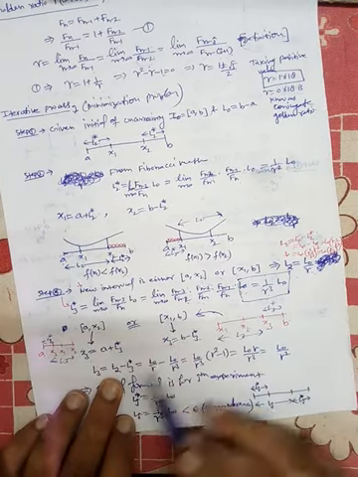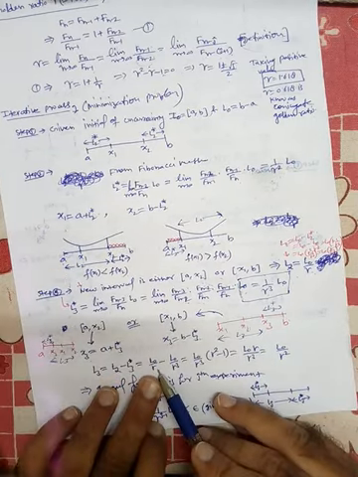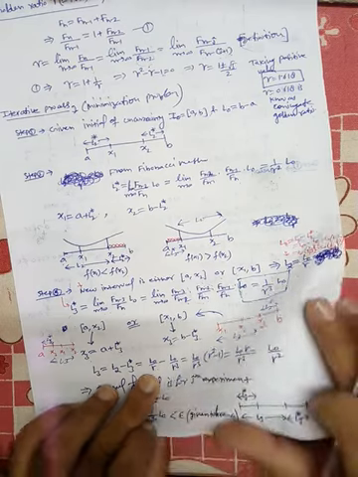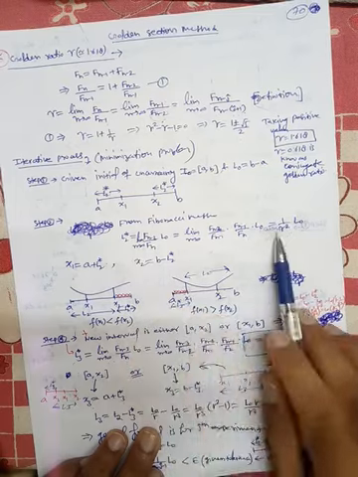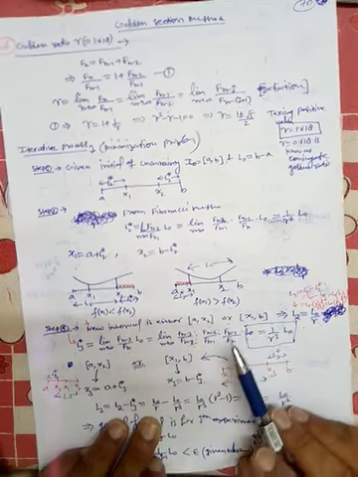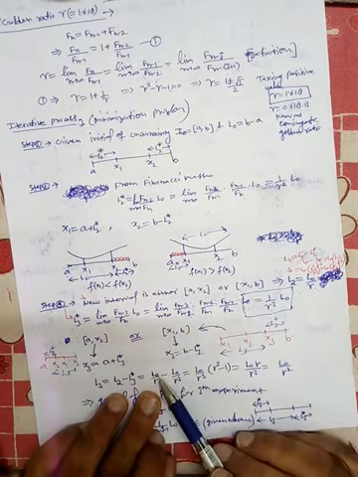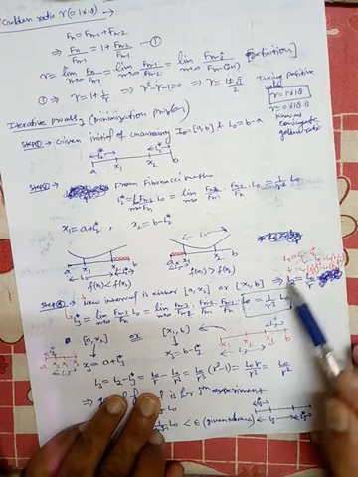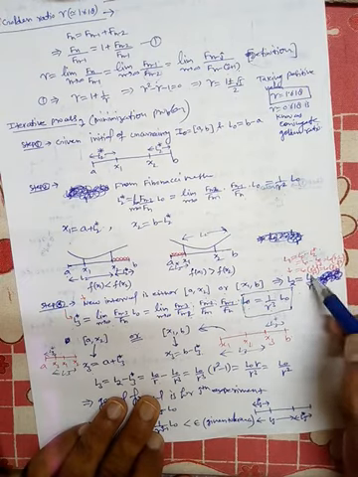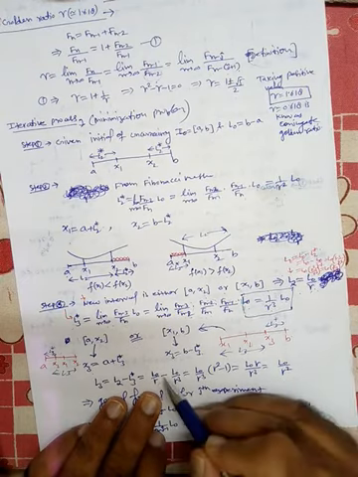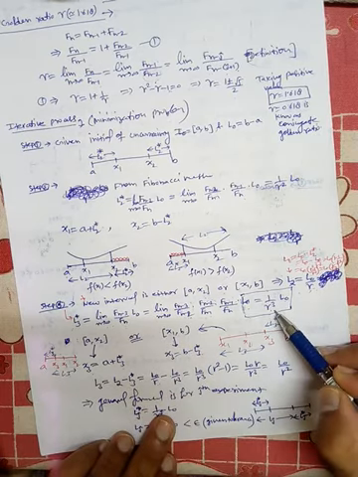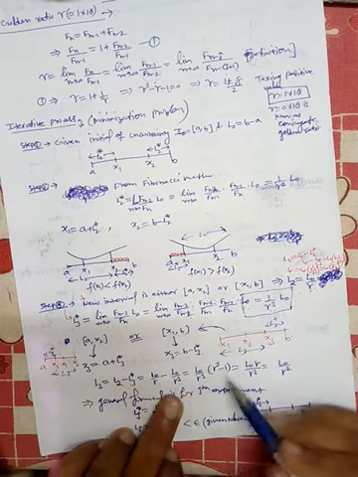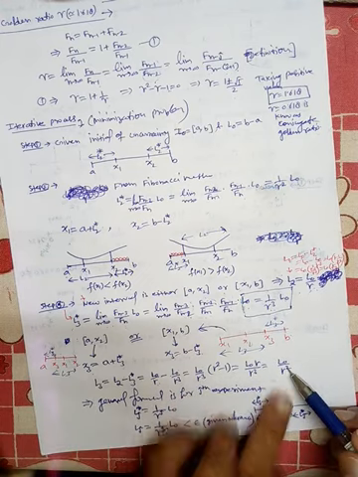So L2 is basically L naught by gamma. So L naught by gamma minus L3 star. L3 star is L naught by gamma cube. After simplification we get L naught by gamma square.